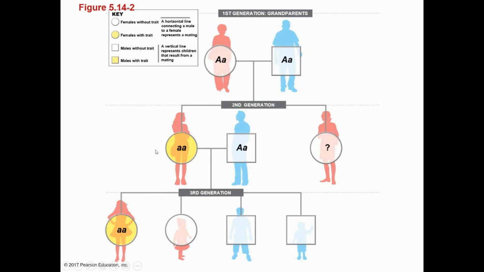And so this is kind of building out, well, what if the impacted sister marries a heterozygous man? And you can see that they can pass on the trait down here, but a majority do not show the trait.